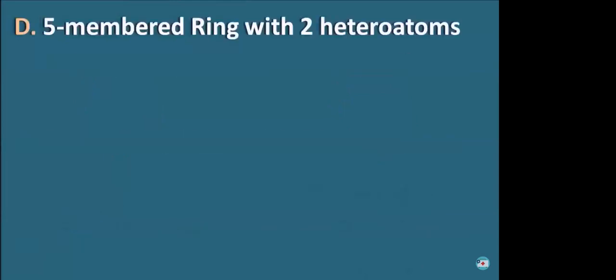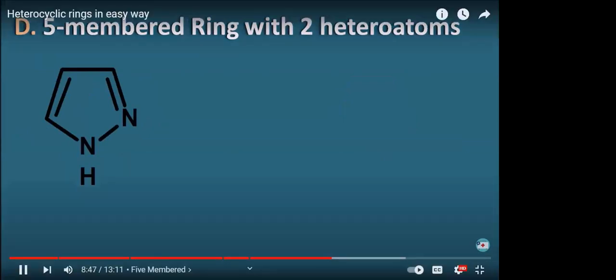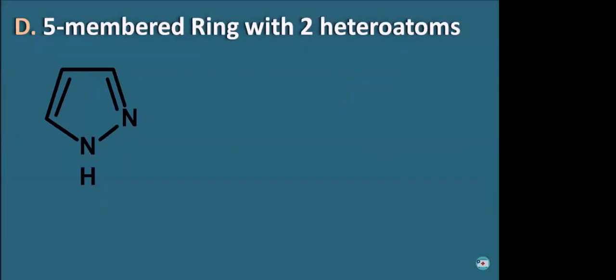Next are the five-membered ring systems with two heteroatoms. So this is one example of a five-membered ring system with two nitrogens as the heteroatoms. And now what is the name of this heterocyclic ring? If we compare this ring system with pyrrole, what is the difference? Pyrrole has only one nitrogen and this has two nitrogens.